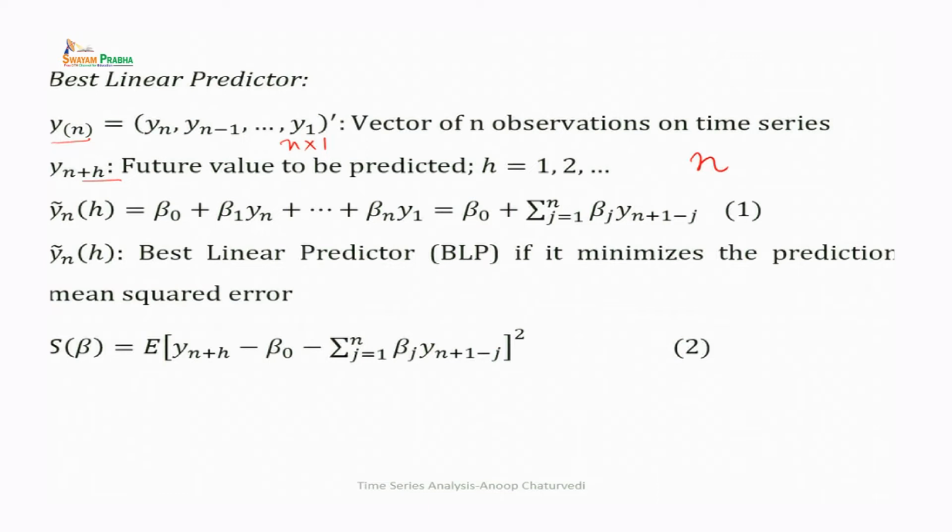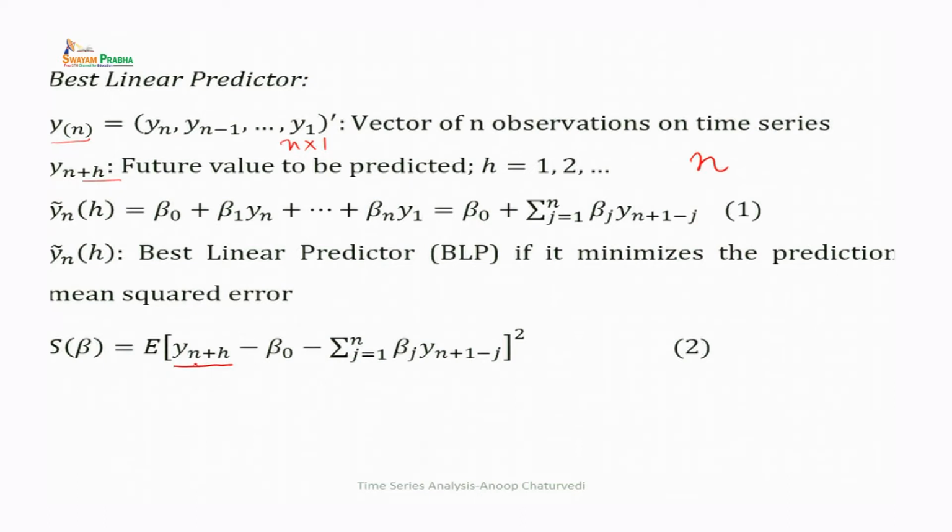Now, this y curl n h is the best linear predictor if it minimizes the prediction mean squared error. How do we define the prediction mean squared error? This is the actual value of y at time point n plus h, y n plus h, and this one is the predicted value of y n plus h using the observations y 1, y 2, y n.